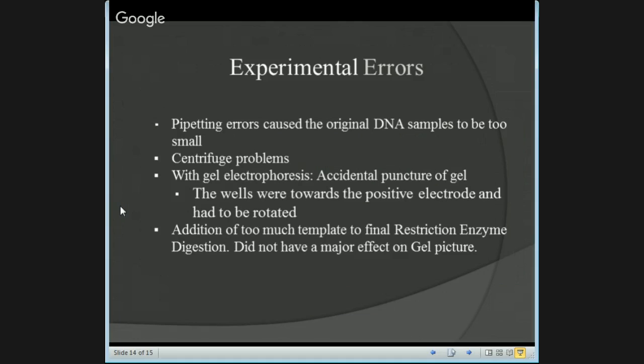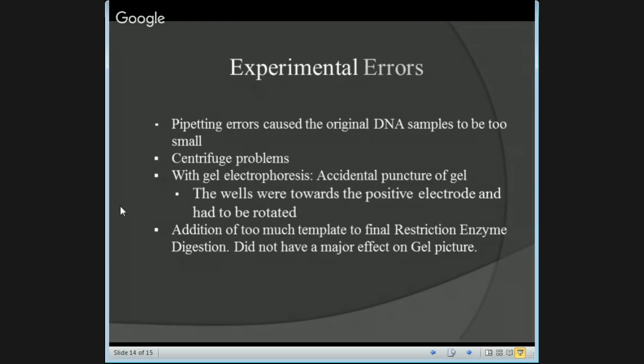So lastly, we have to explain our experimental errors. So a couple of the experiments we had to predict or analyze what we would think would happen, because my partner and I were either absent due to research or our GRE standardized testing, and we were not able to complete the experiment. But we came up with different errors.